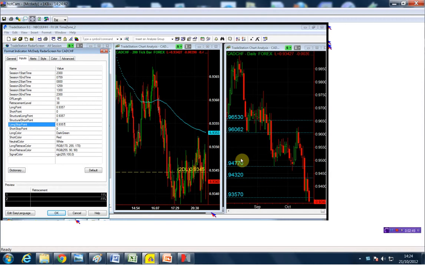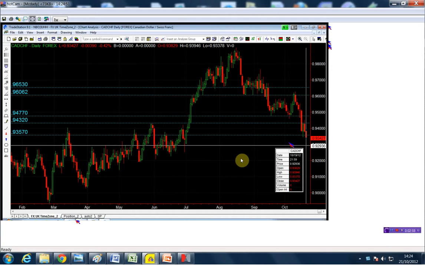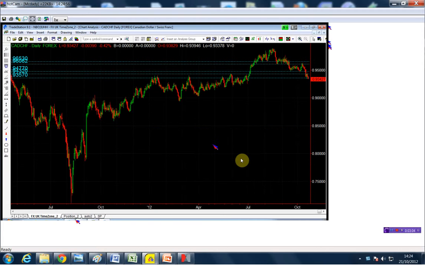On the short side, we're going to go short below the low of the day. So below the low of the day, that is the 93.37, and we want to find a structural short point below that, and this is the one I like, the one that has been tested on both sides.